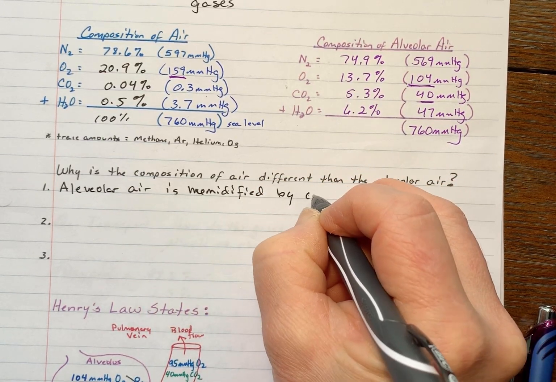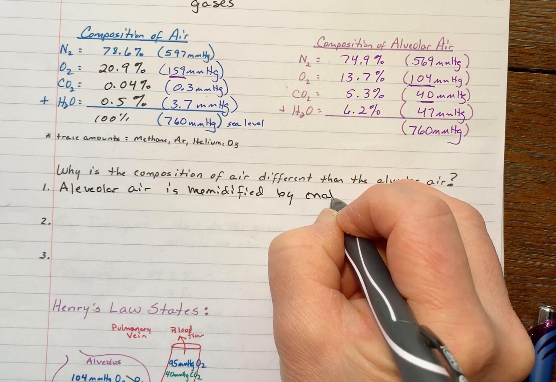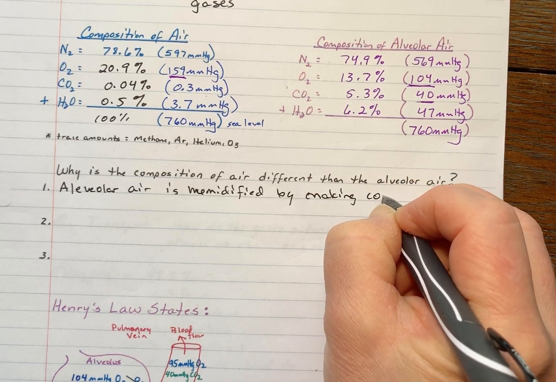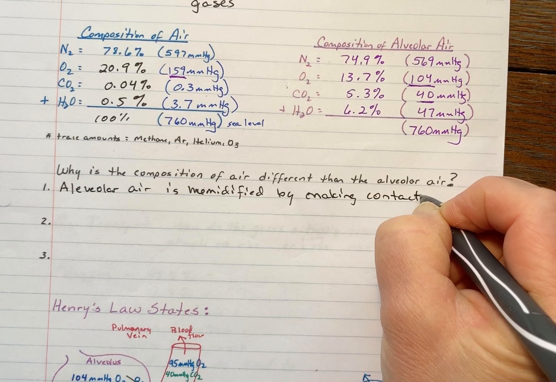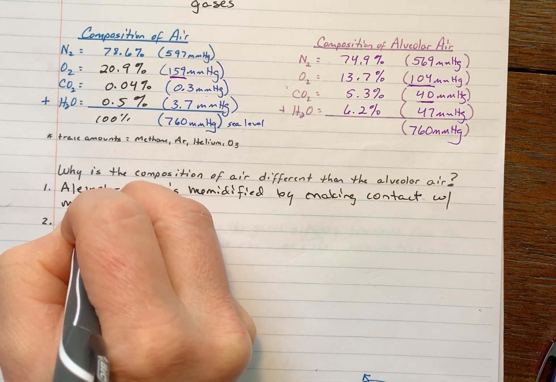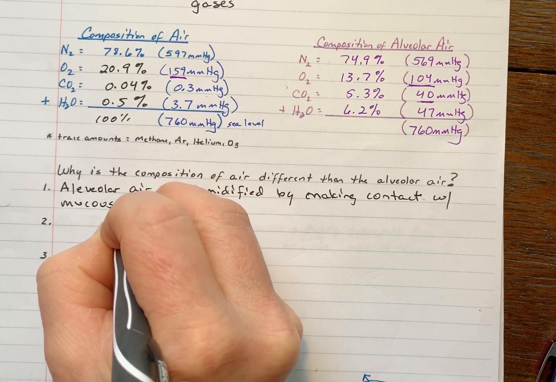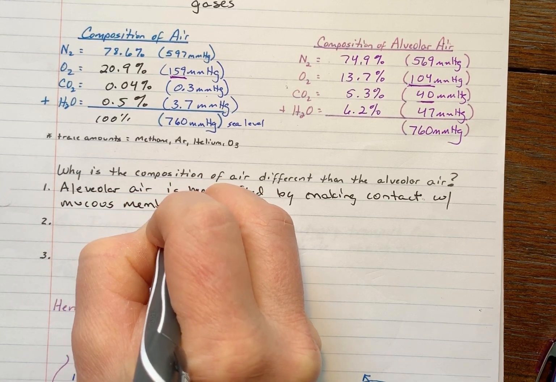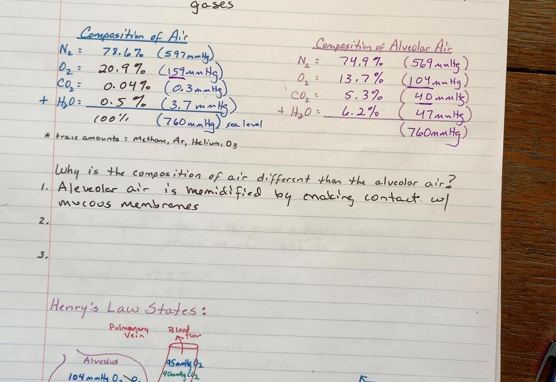So first of all, you can say the alveolar air is humidified, heat and moisture, by making contact with mucous membranes. So that moisture causes the water vapor to go up.